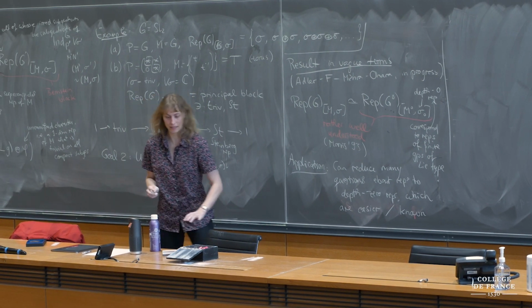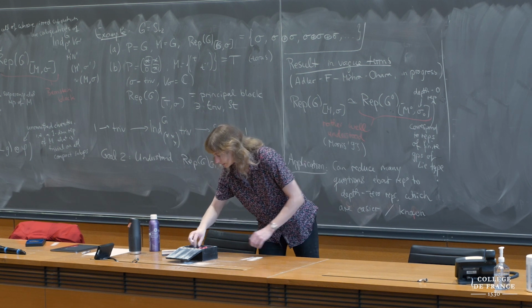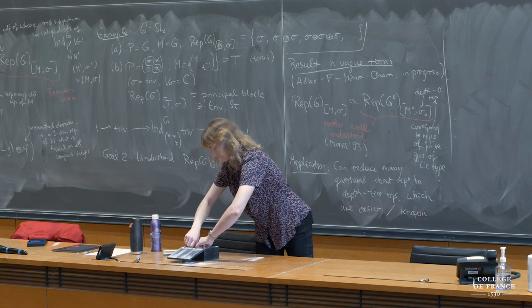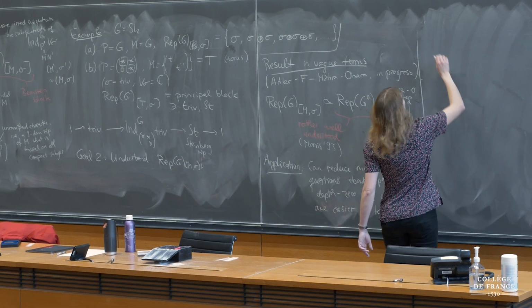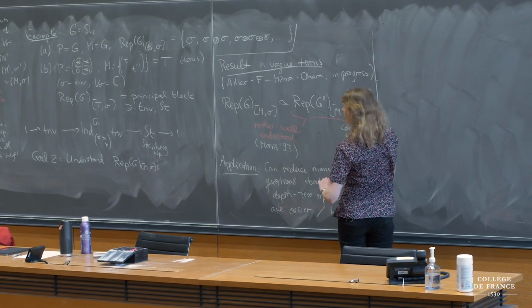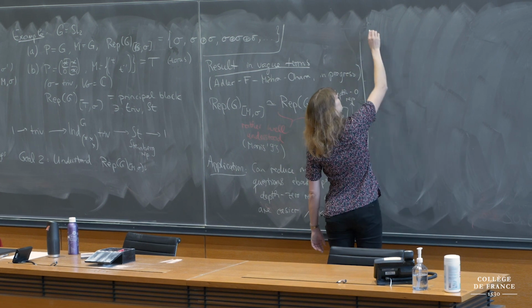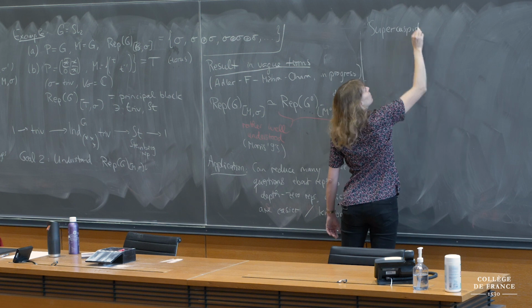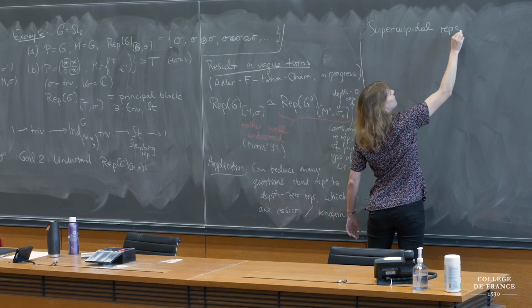All right, so then let's see if I have a nicer piece of chalk. So the two goals are clear, I hope. Now I want to go back to goal 1, which is the construction of supercuspidal representations.